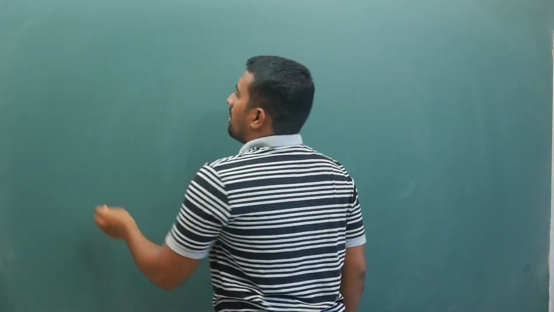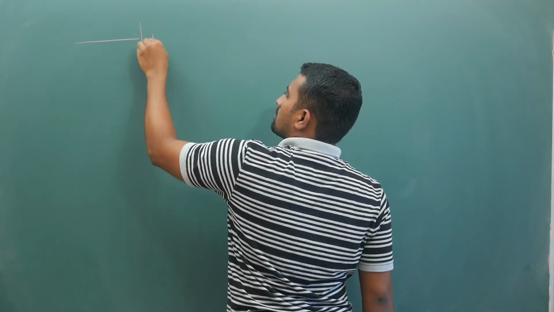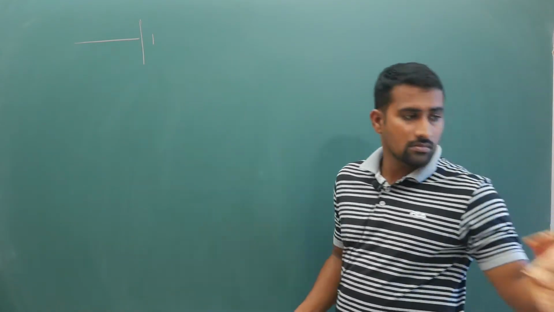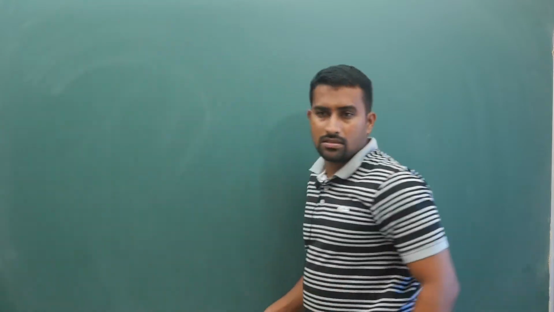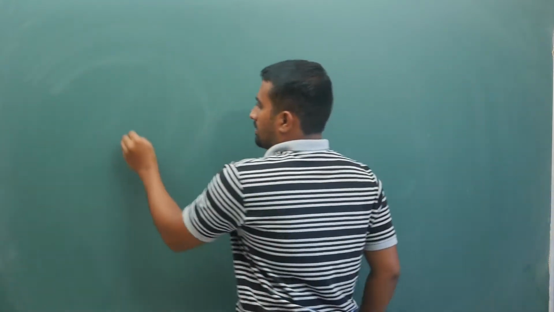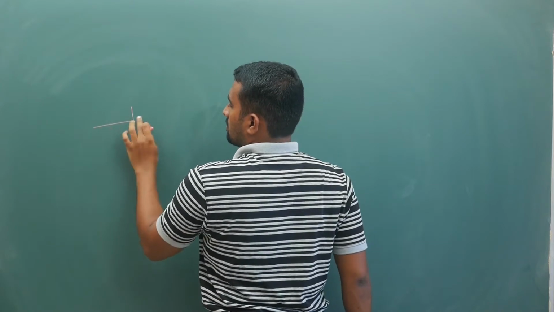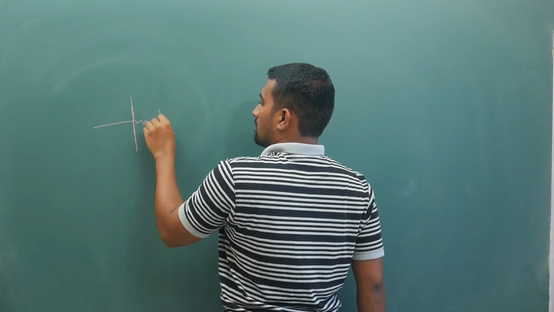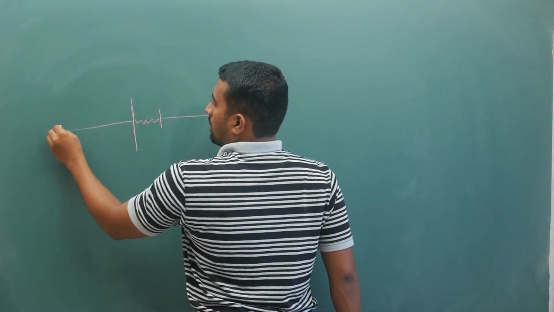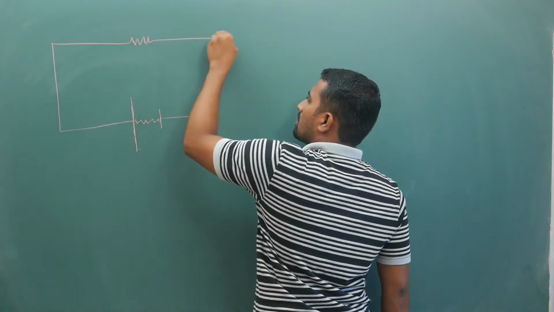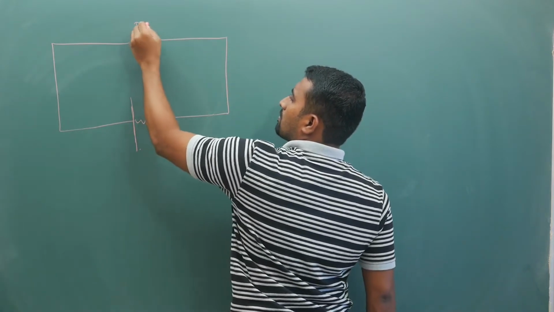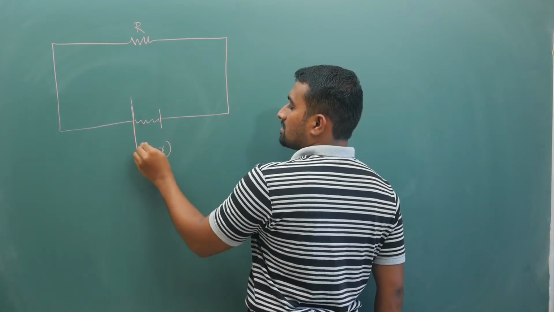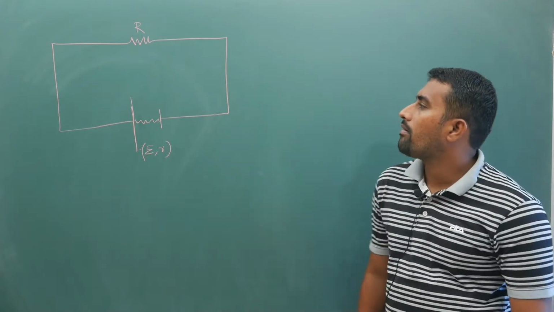Let us say you have a cell and you have some resistance R, and EMF is E, internal resistance is small r.